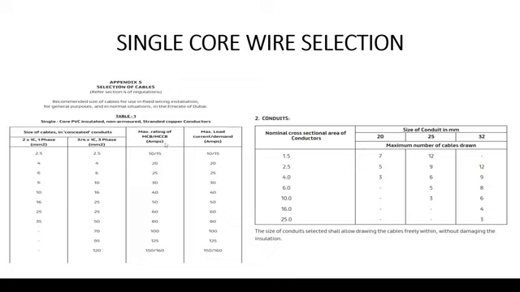You look at the breaker size which you have. Lighting circuits are 10 amp or 15 amp. You don't have any other rating. So the size of cable in concealed conduit is 2.5 mm. So always for lighting circuits we use 2.5 mm wires.